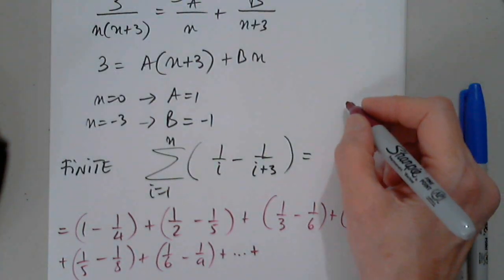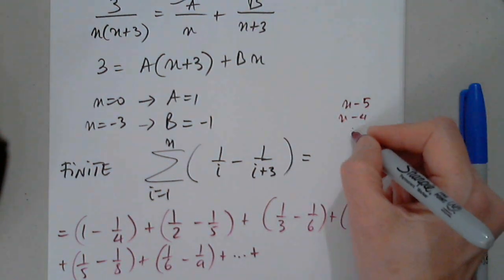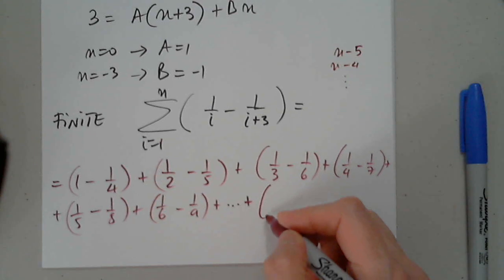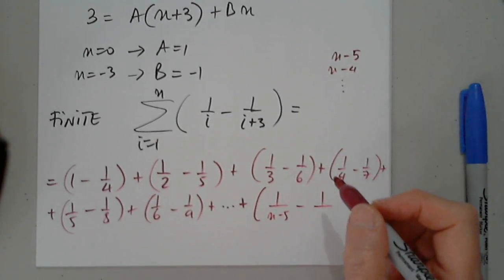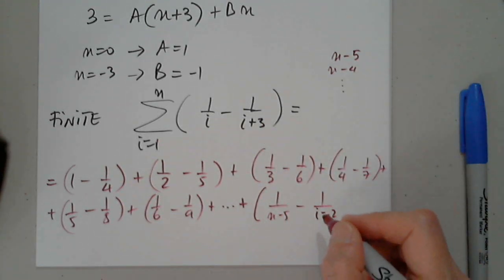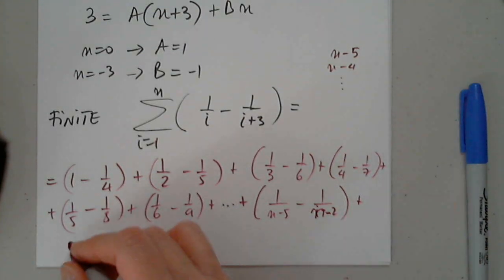So we're going to look at, again, n minus 5, n minus 4, and so on and so forth. So with n minus 5, we have 1 over n minus 5 minus 1 over n minus 2, plus.